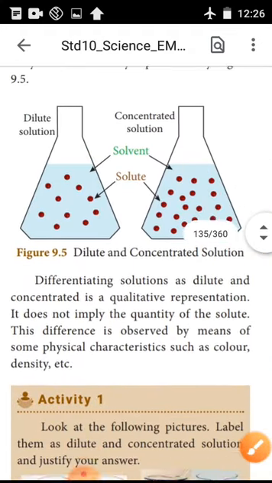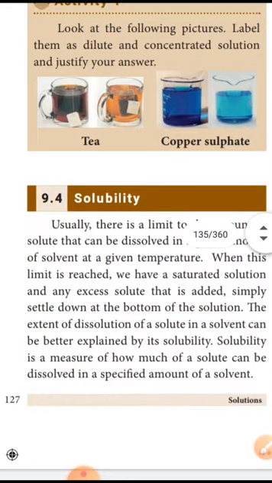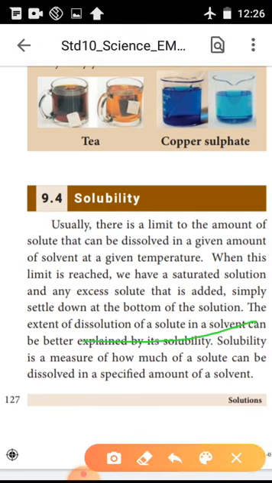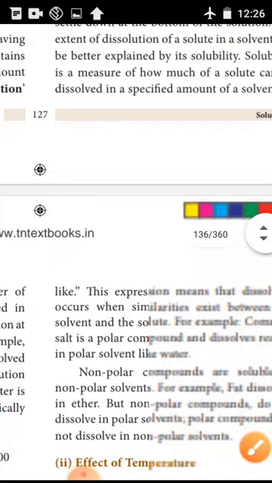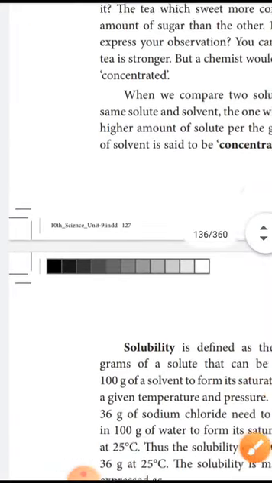Okay. The next one, solubility. What are the uses of solubility? It is used to measure the amount of solute that can be dissolved in a given amount of solvent. What is the definition of solubility?